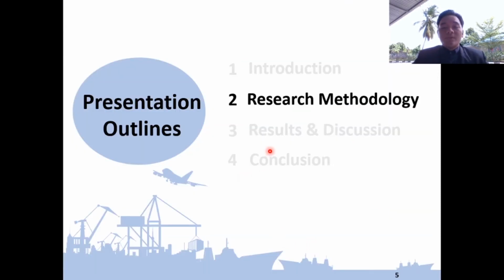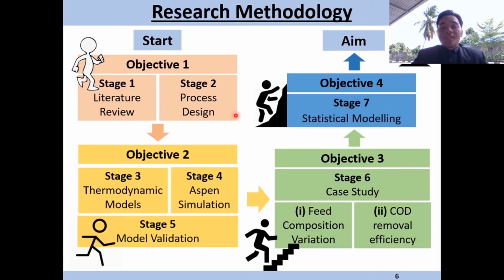So the research methodology has been divided into four sections to achieve the aims, consisting of Objective 1, Objective 2, Objective 3, and Objective 4. They involve the literature review and process design, simulations in Objective 2, and the case study, which is the heart of this research, and lastly mathematical statistical modeling to obtain an equation before reaching the aim.